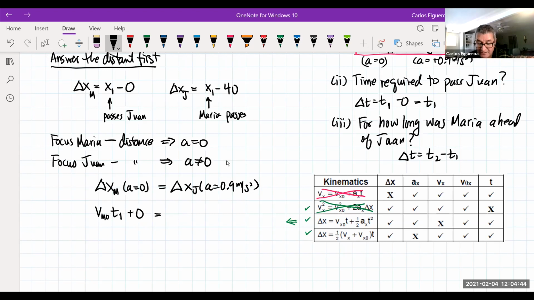Juan has acceleration, so the only way I can describe Juan's distance that has time in it is the third equation again.